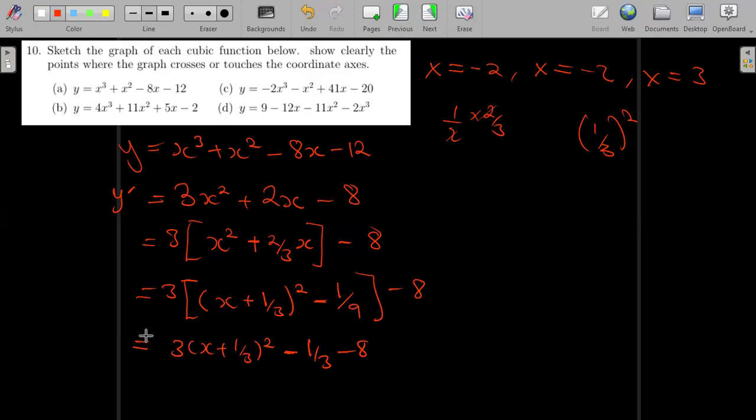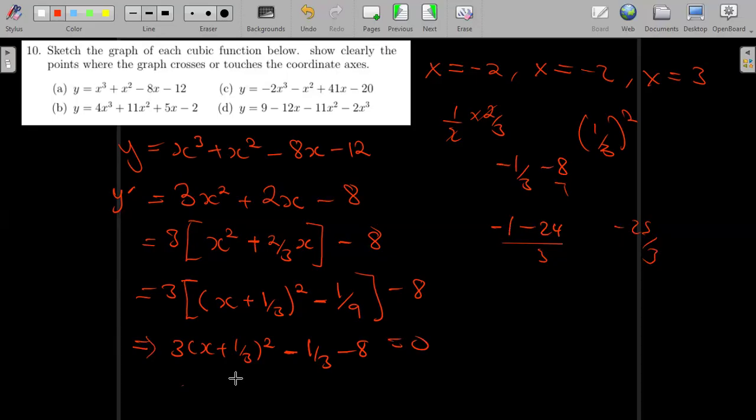I want to equate all this to 0 such that I find my values of x. So when I add those, 1 over 3 minus 8, 3 by negative 8 gives me negative 24, over 3. And this will just give me negative 25 over 3.